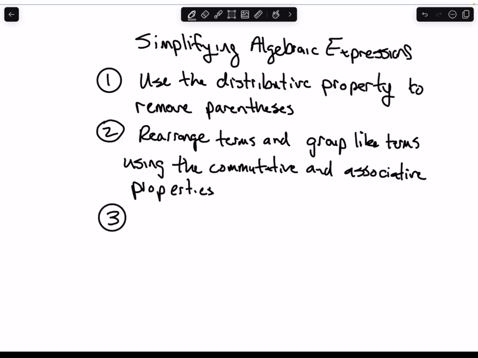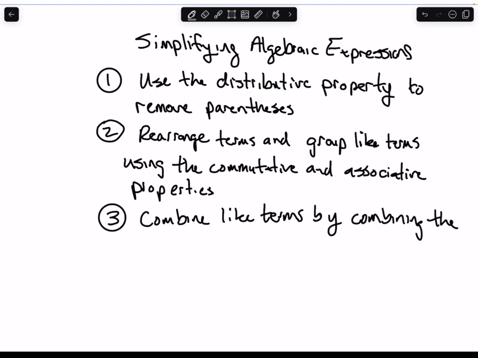And then our last step is to combine like terms by combining the coefficients of the terms and keeping the same variable factor.